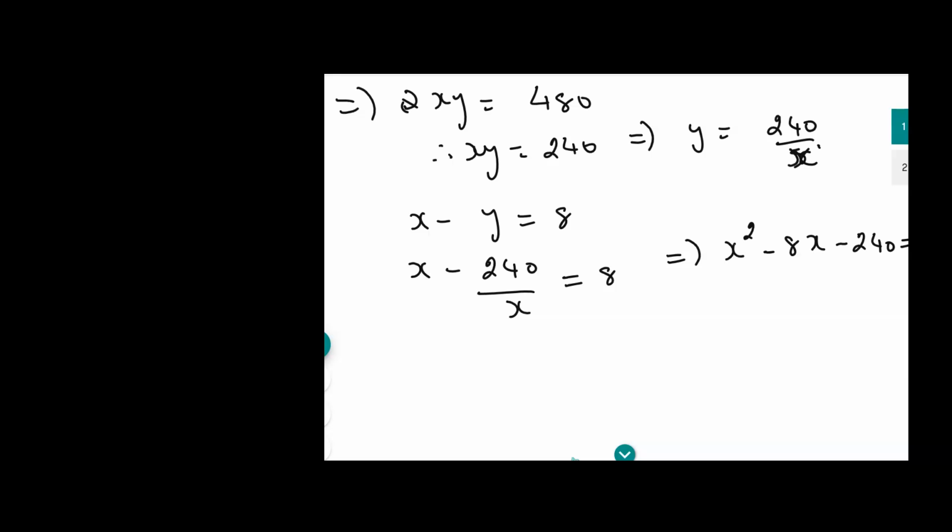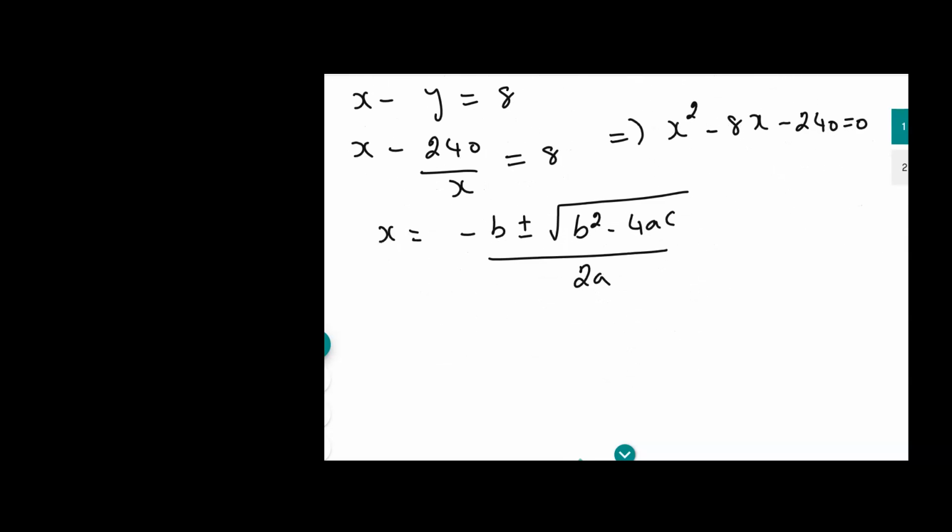Now, applying the quadratic formula, x is equal to minus b plus or minus root of b squared minus 4ac, divided by 2a. So here a is equal to 1, b is equal to minus 8 and c is equal to minus 240. Let me substitute.